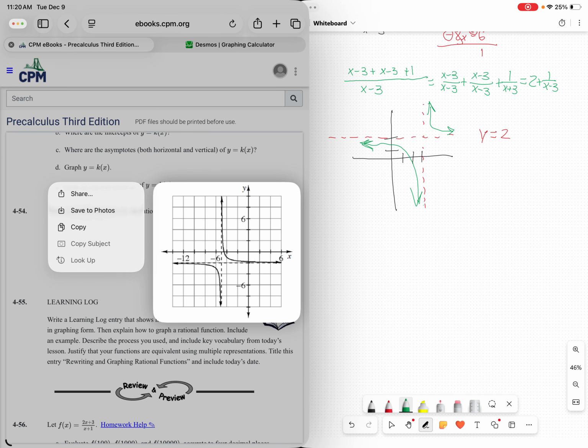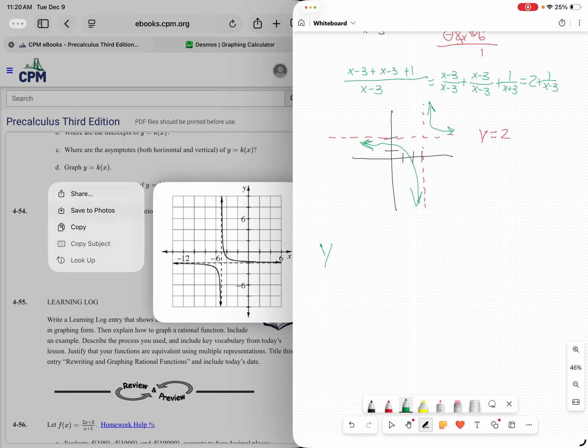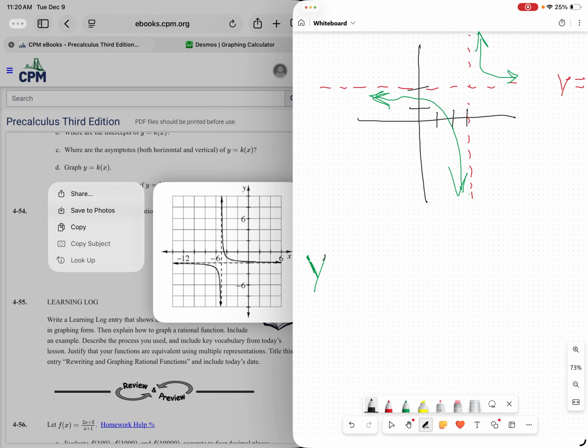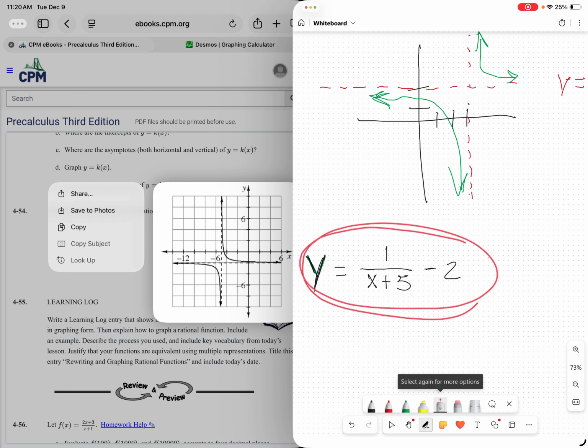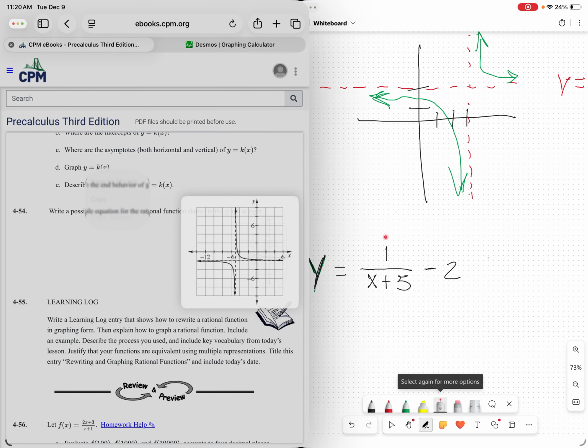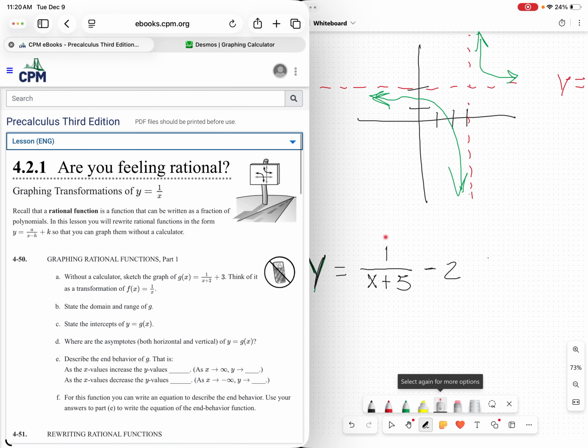So if we were doing this, y equals, again, we are down 2, so that's our horizontal, and then we're 1 over x plus 5. Again, right and left, opposite the sign. So this would be a good possible function. We could obviously have an a value that may be different, but our asymptotes are the same. Cool, so this is lesson 421.